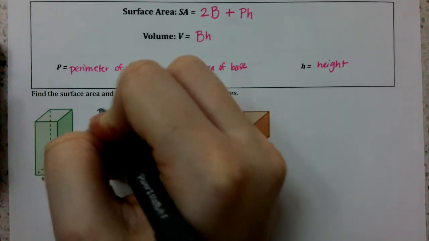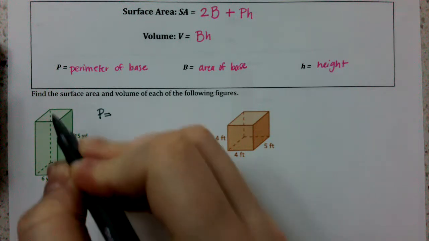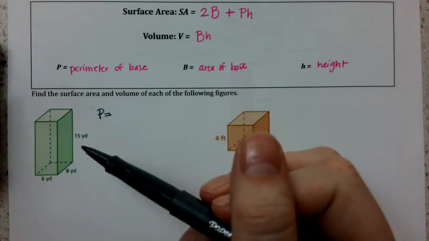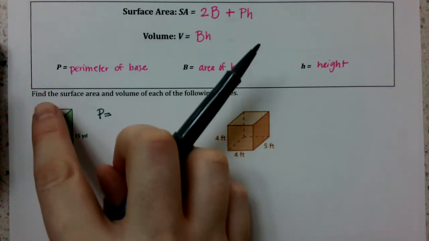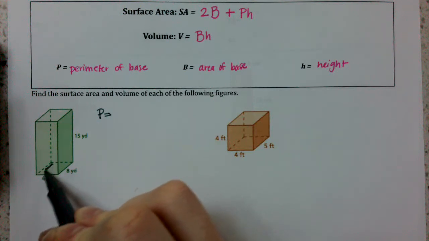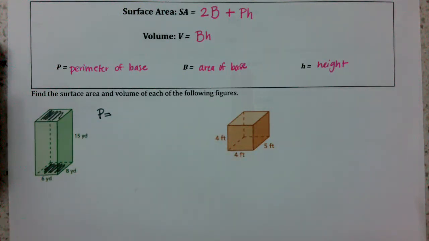For the perimeter of the base, my bases are going to be parallel. In rectangular prisms, it doesn't really matter what your bases are because all of the opposite sides are parallel to each other. But to make things easy, I like to make the bottom and the top the bases.